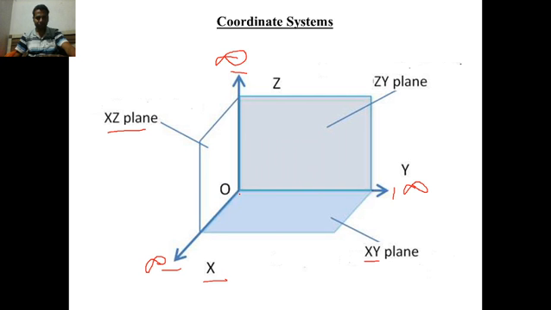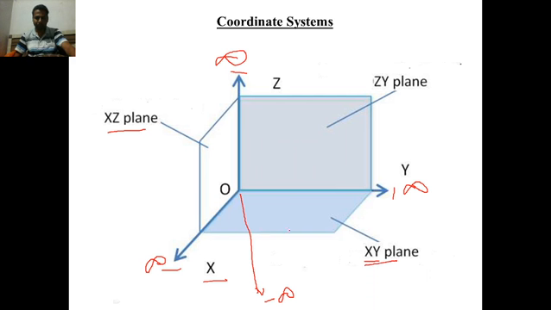For example, my negative z-axis is up to minus infinity. The plane means the plane surface. This plane surface is in between x and y, that's why it is called the xy plane.